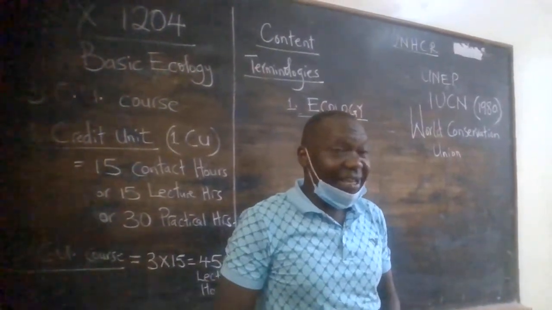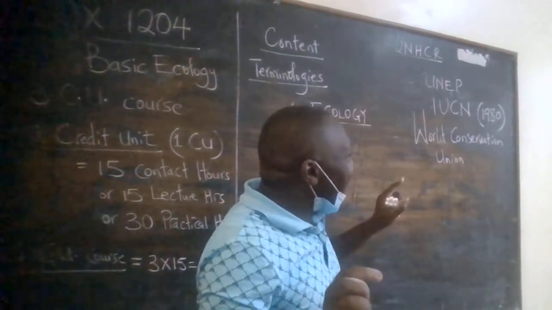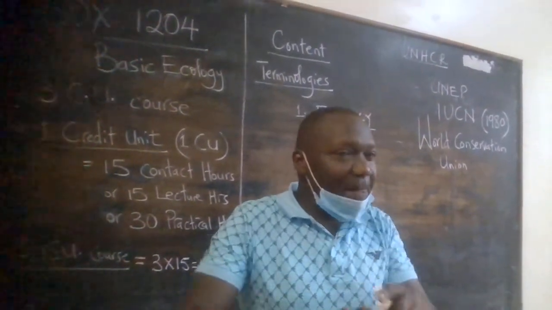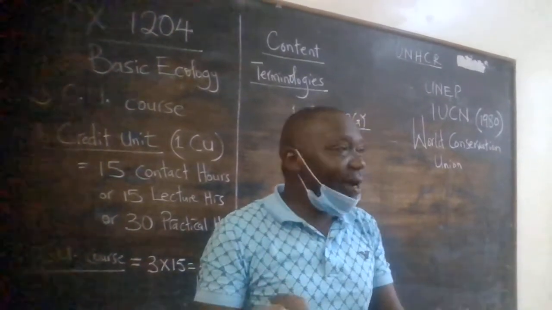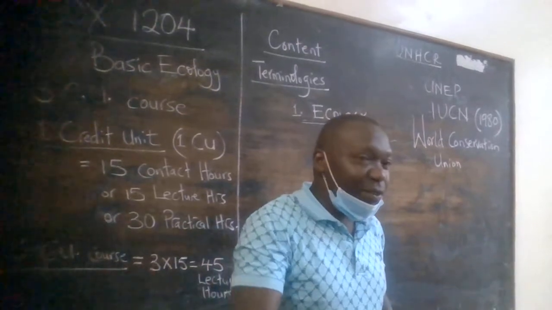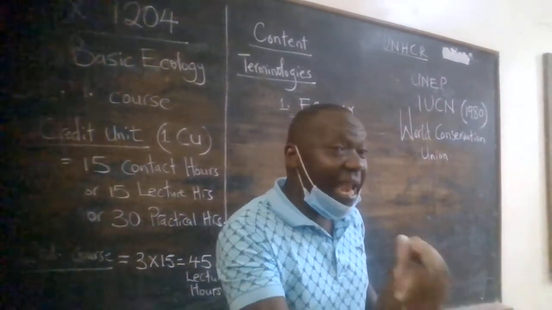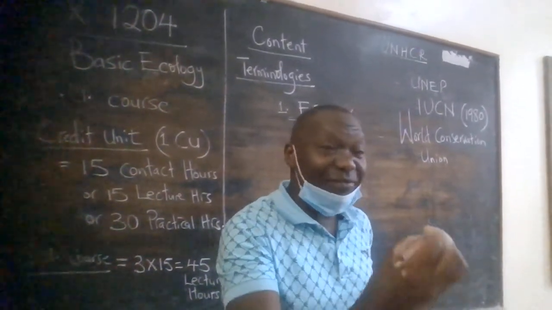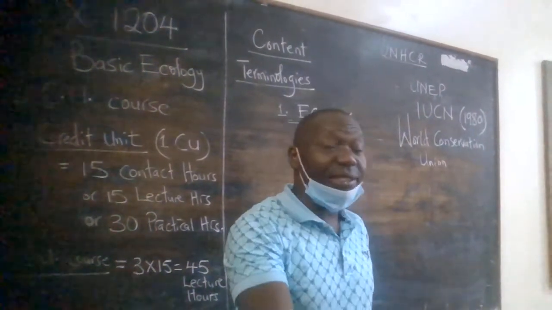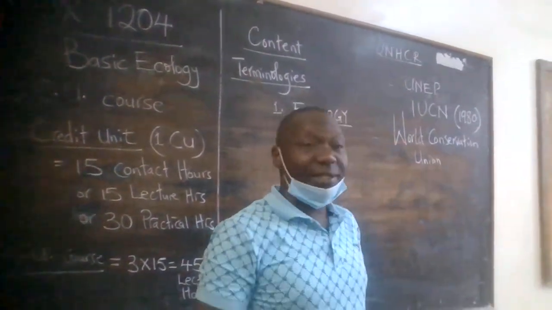You get the point? So I'm saying, as an undergraduate student, you've got many opportunities of working in these organizations, but you are supposed to be grounded in the language of conservationists, of conservation biologists, of ecologists, of wildlife ecologists.